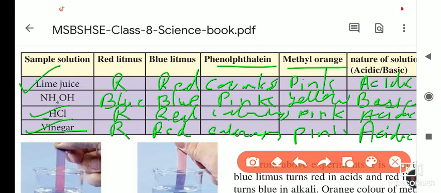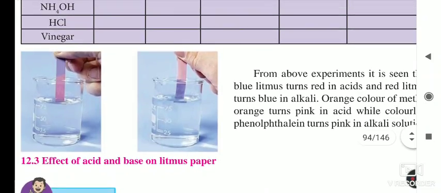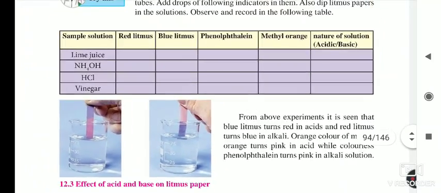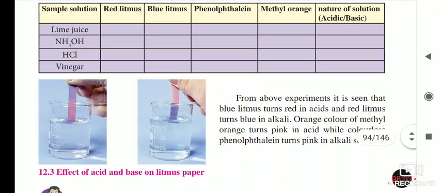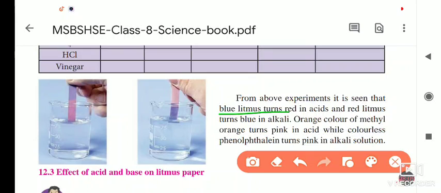And now we will move towards the next part of the lesson, that is the effects of acid and bases on litmus paper. From the above experiments, we say that blue litmus paper turns red in acid, and red litmus paper turns blue in the bases or alkalis.